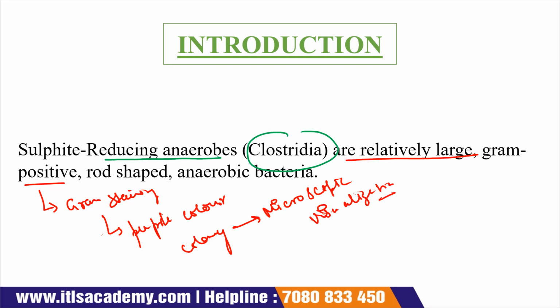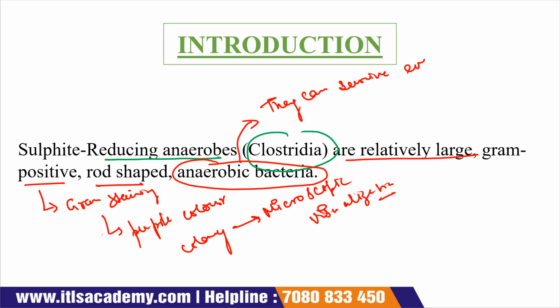Okay, they are rod shape and they are anaerobic bacteria. That means they can survive even in the absence of oxygen. Okay, that is the quality of the Clostridia. Now, this is the introduction part. Now, come to the next slide.